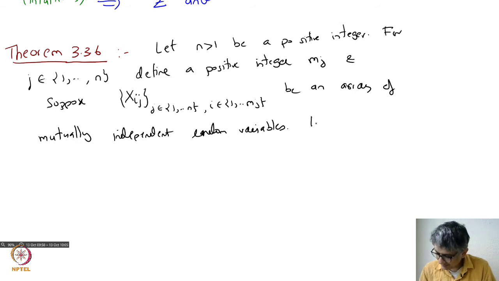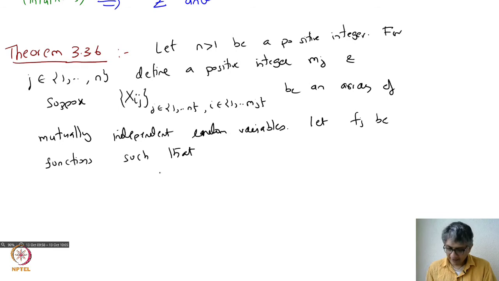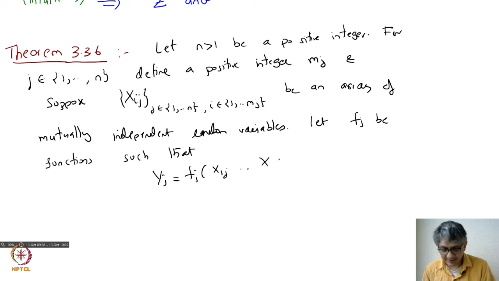Then I let f sub j be functions such that Y sub j is f sub j of X_1j up to X_{m_j j}, and these are well defined.